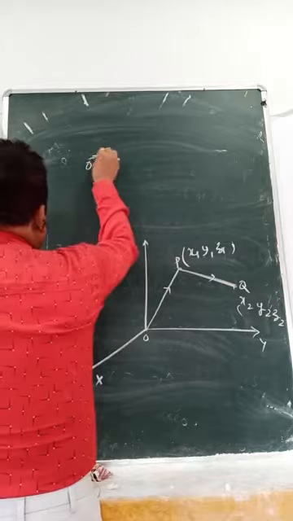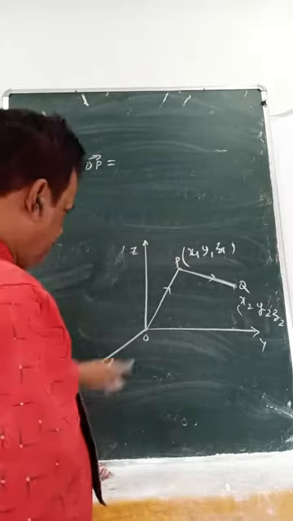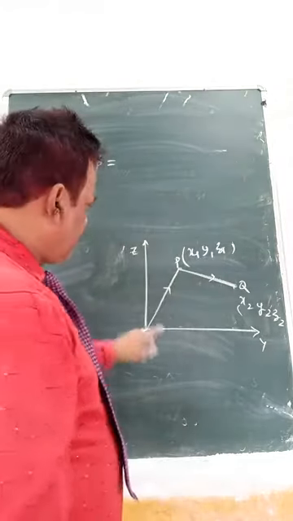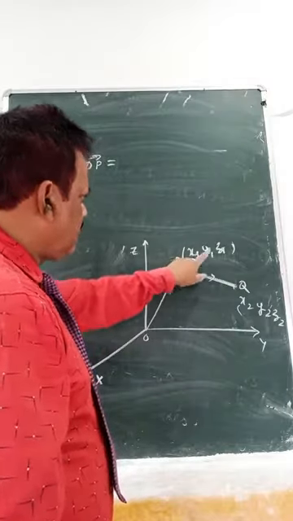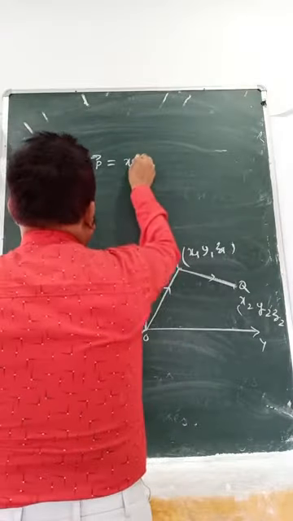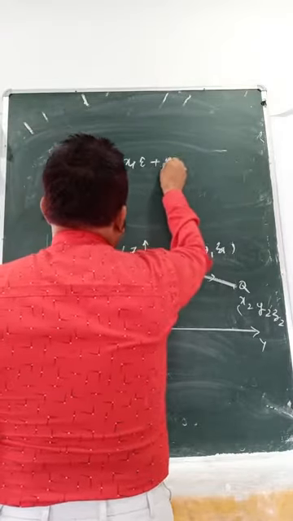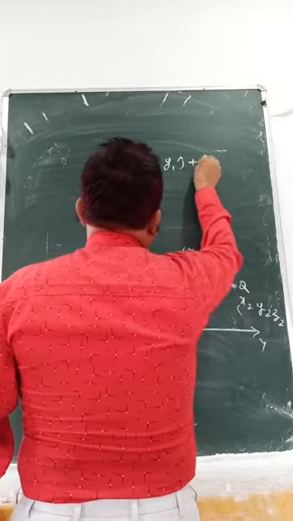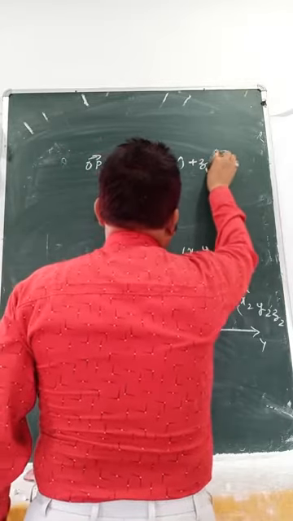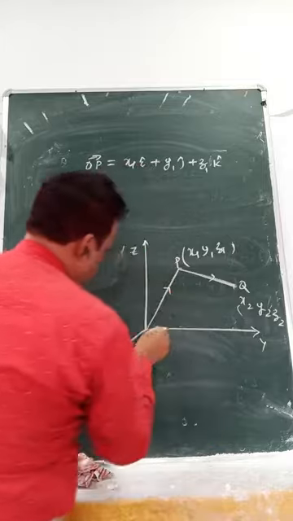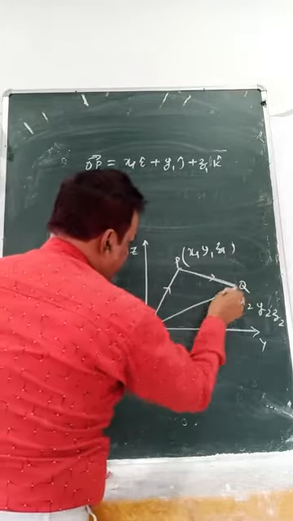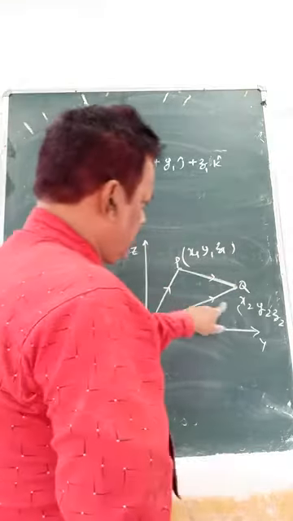OP vector will be x1 i plus y1 j plus z1 k. Similarly, what is the OQ vector with reference to the origin?